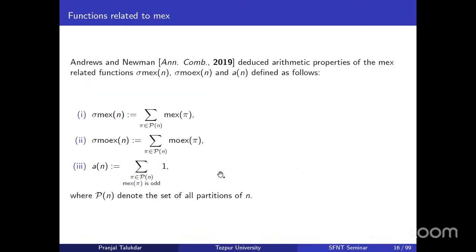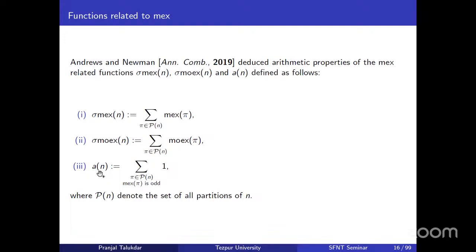They studied the arithmetic properties of some mex-related functions, which they define by these three. These two are basically sigma mex, which sums all the minimal excludants of all the partitions of n, and similarly this one sums up all minimal odd excludants of all the partitions of n.